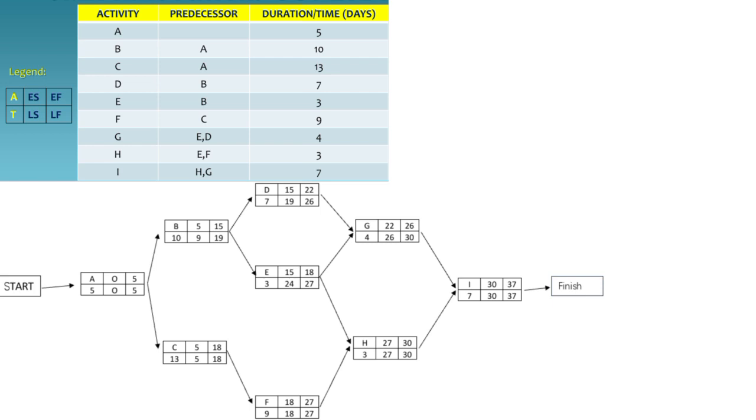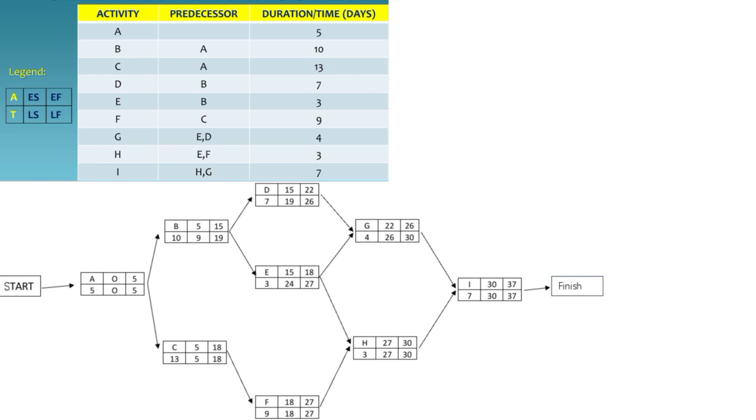Hence, ES equals max equals 27. The early finish EF for activity H is calculated by adding its duration to its early start, giving us EF equals ES plus duration, 27 plus 3 equals 30.